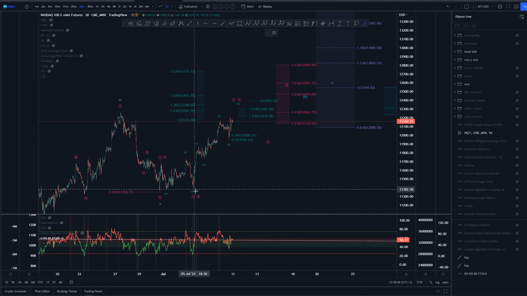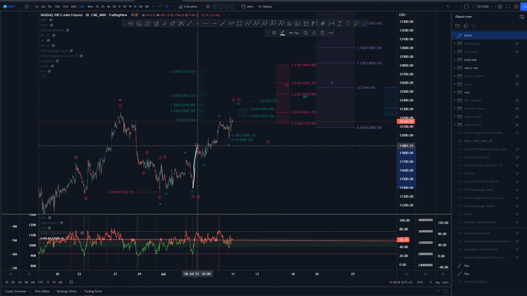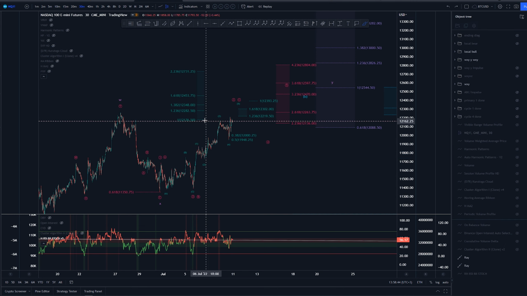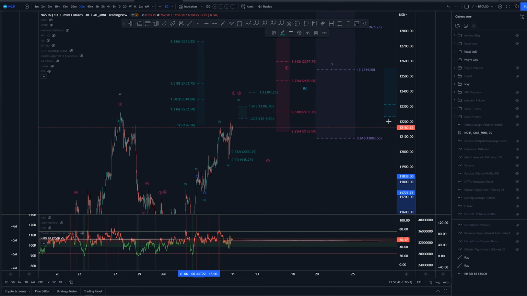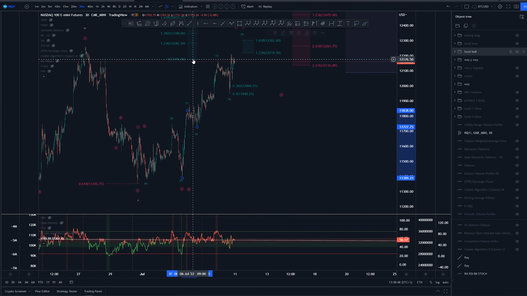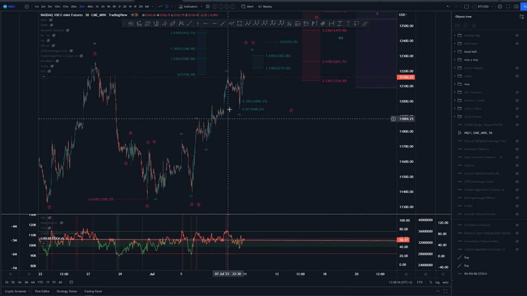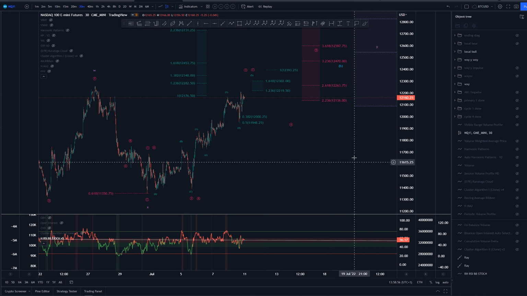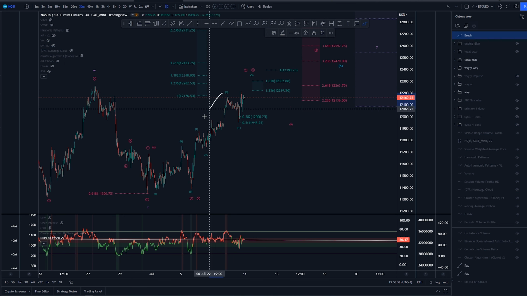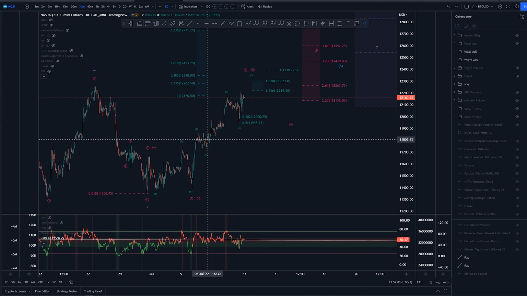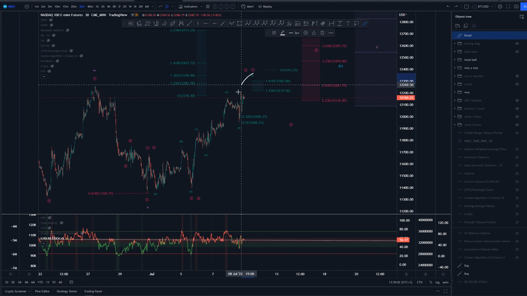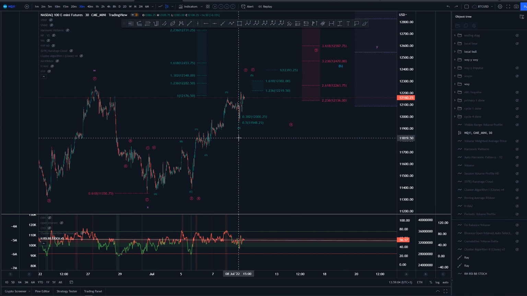Just a word of caution here, the wave 1 here is longer than the wave 3 here. As we are looking into these pivots, we can see that again the 1-to-1 extension is beyond the wave 3. So wave 3 is smaller than wave 1, which means, as the wave 3 can never be the shortest in an impulse wave structure, we can't have the wave 5 larger than wave 1.